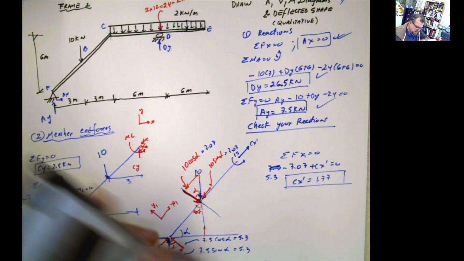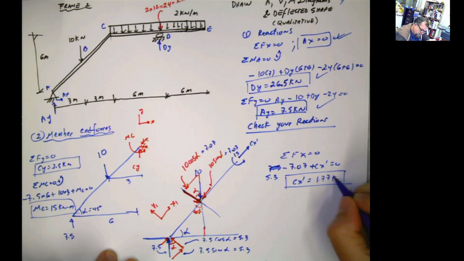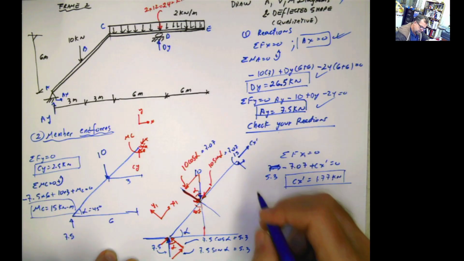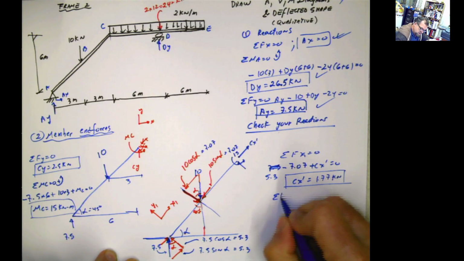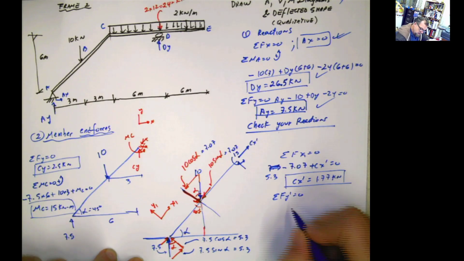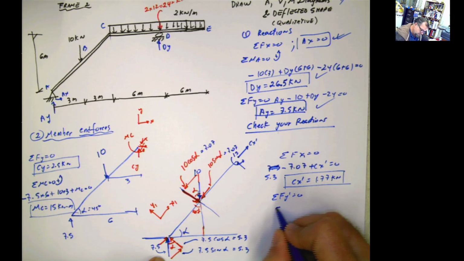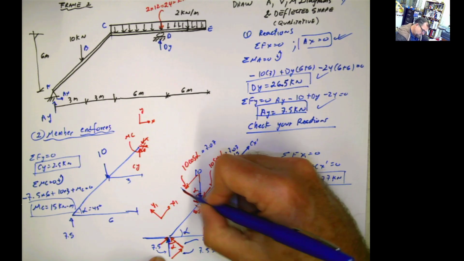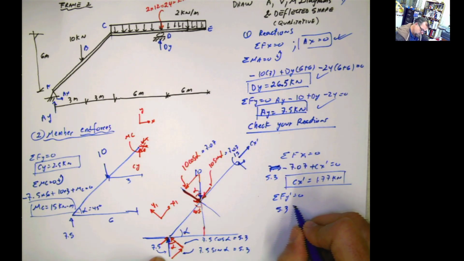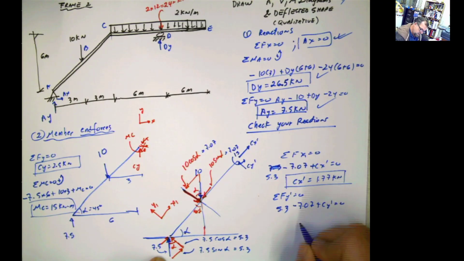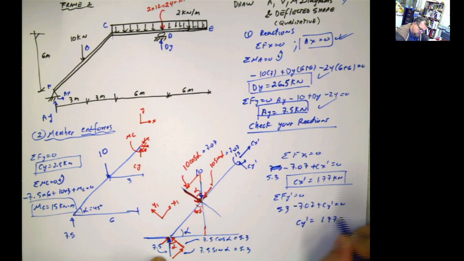So yeah, 1.77 kilonewton. And you can do the same thing with this other reaction here, Cy prime. Summation of forces in y prime equals 0. And if I do that, then you can just come here and say 5.3, this one, minus 7.07 plus Cy prime equals 0, Cy prime equals 1.77 kilonewton.